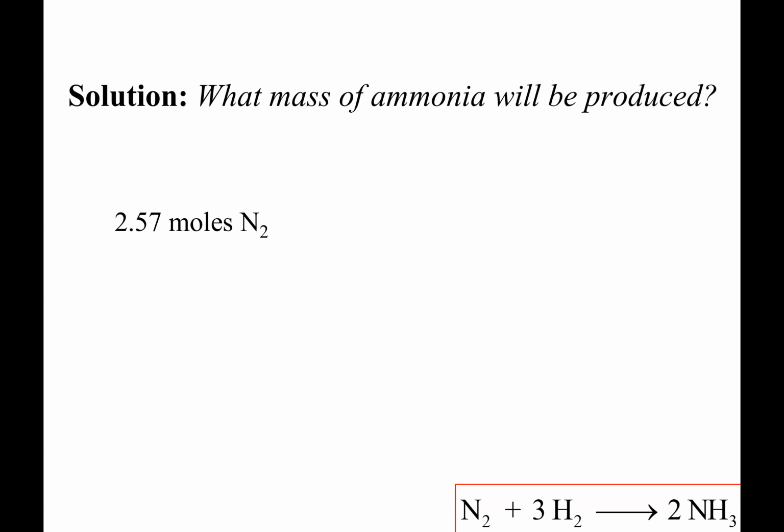So now I'm ready to go from moles of N2 to moles of NH3. So what does that stoichiometric ratio look like? It'd be 2 moles of NH3 over 1 mole of N2.